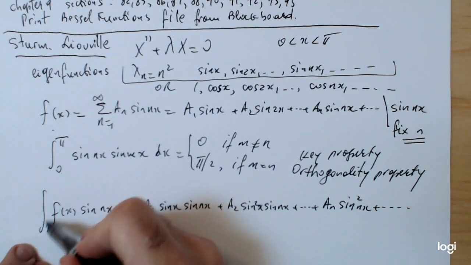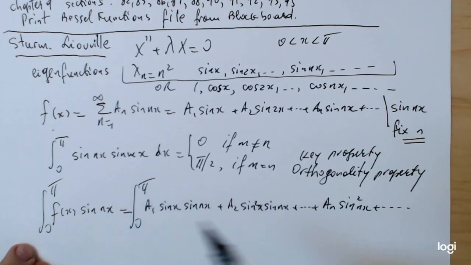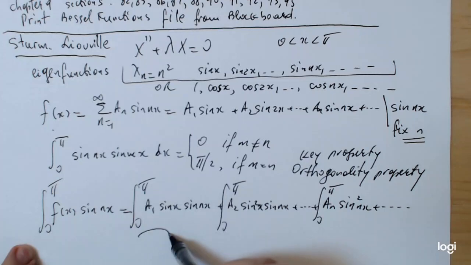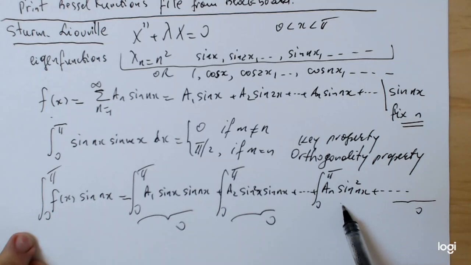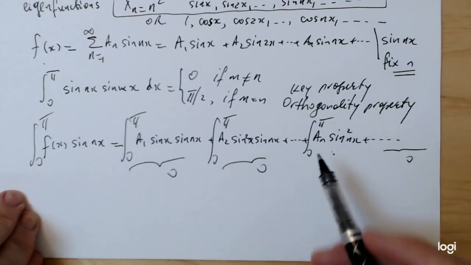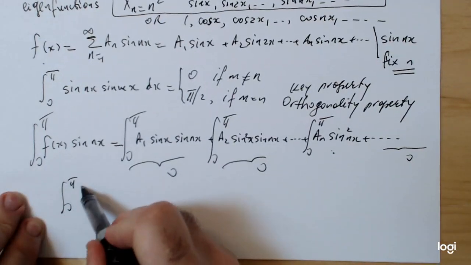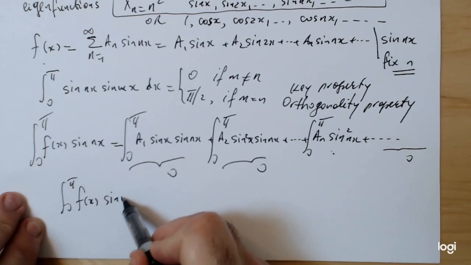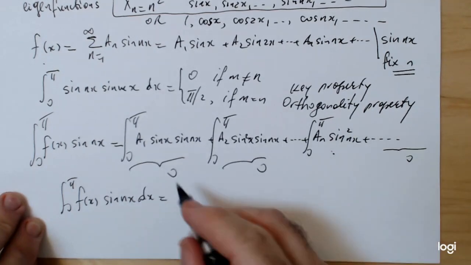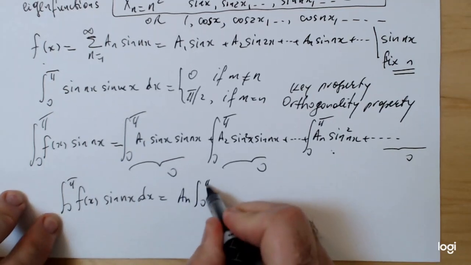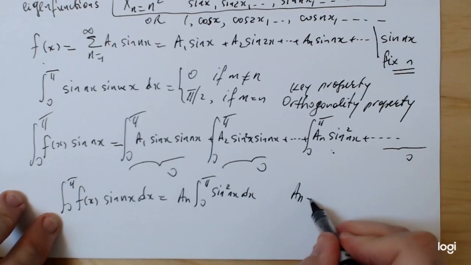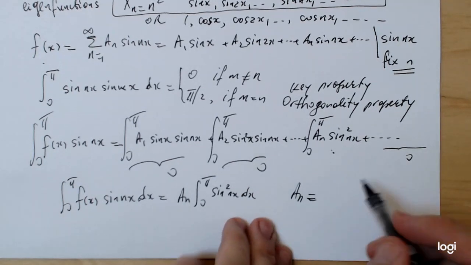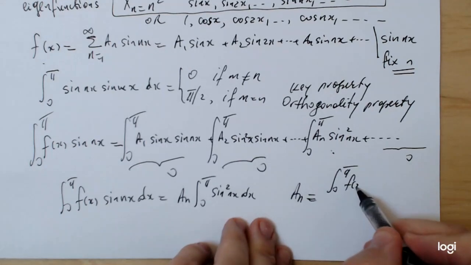So when one takes the integral from 0 to pi in this equality, all of these integrals are 0 except this one. And that allows you, let's do one more step just to refresh the memory, you can pull out a_n, and that finally allows you to find the Fourier coefficient, which is the ratio of these integrals.